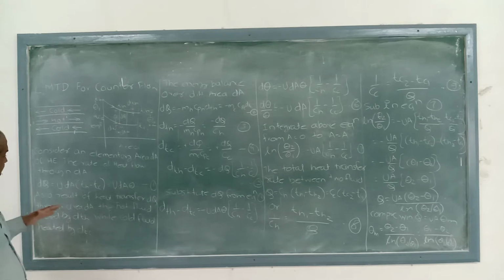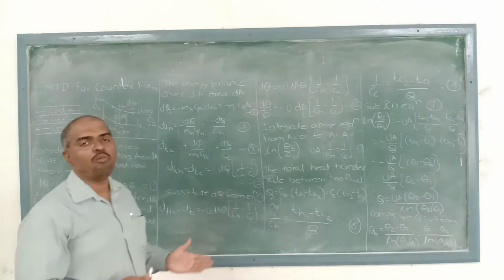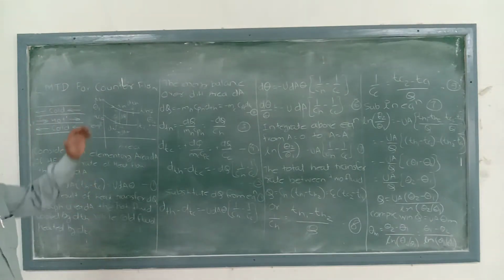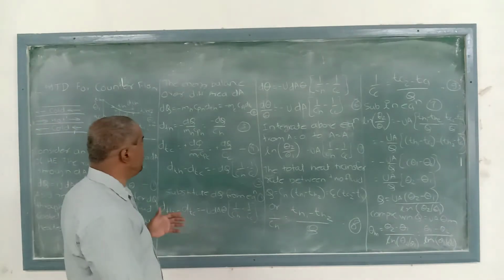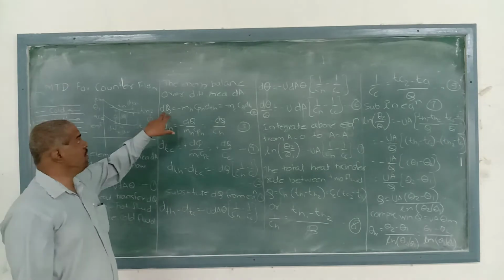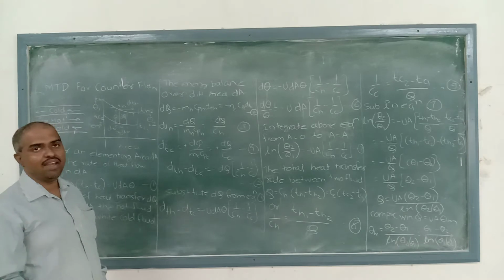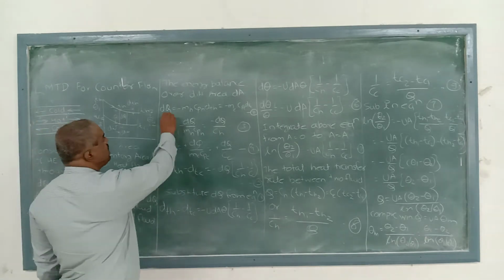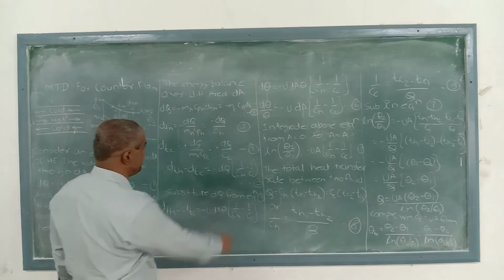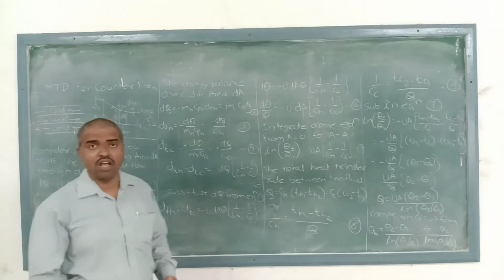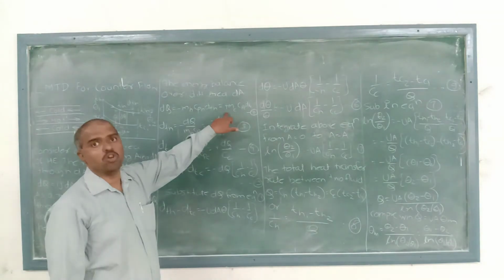So we find what amount of heat is transferred from the hot fluid to the cold fluid, using the energy balance equation for the hot fluid and the cold fluid. The hot fluid is giving heat, so we write it with a negative sign, dq equal to minus mh cph dTh, and the cold fluid is gaining heat, so we write it as positive.